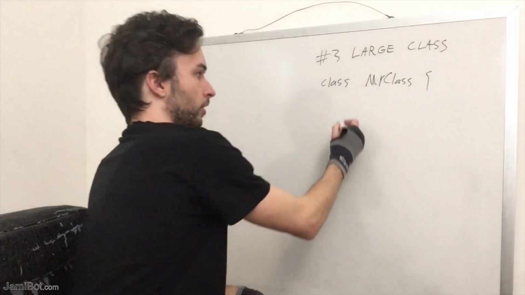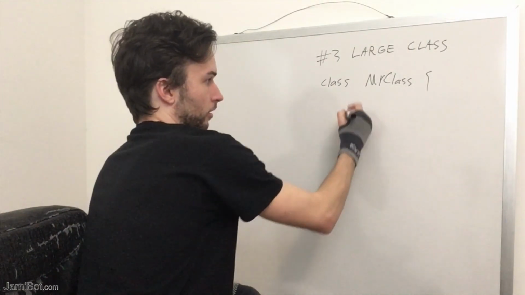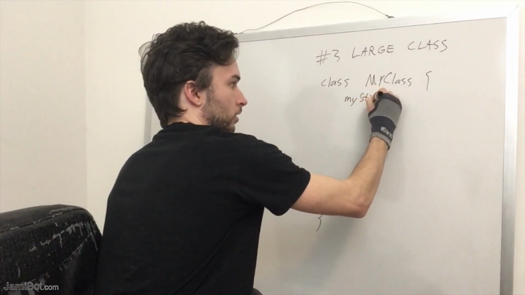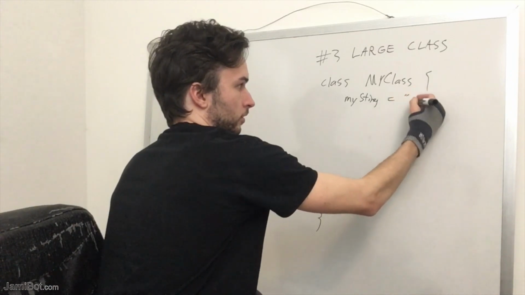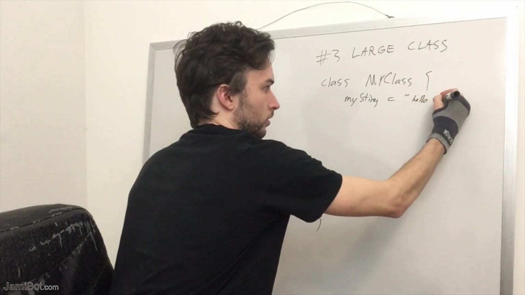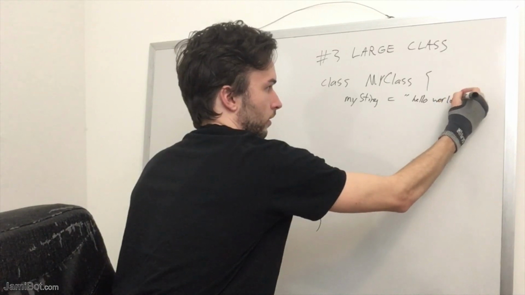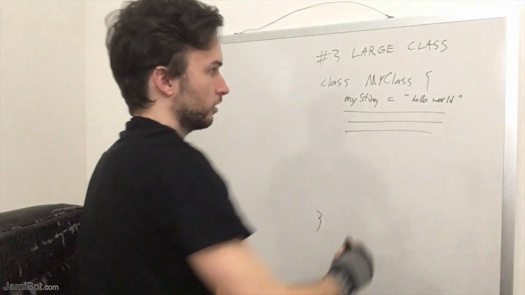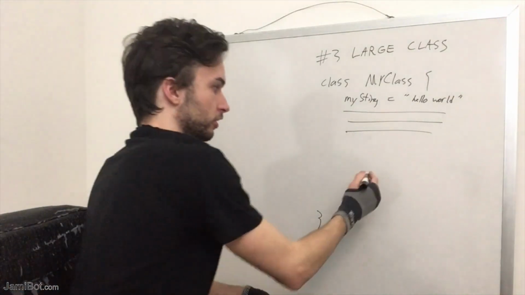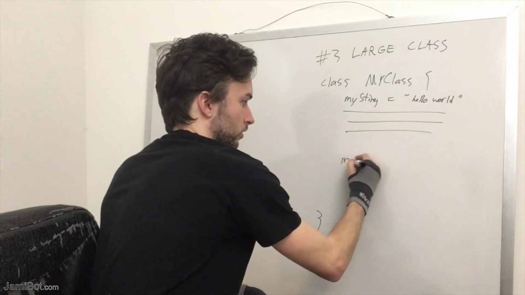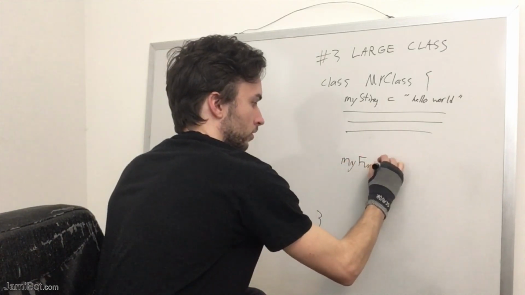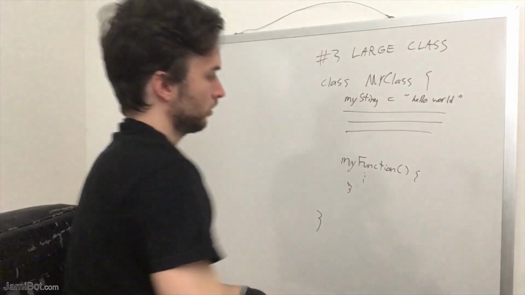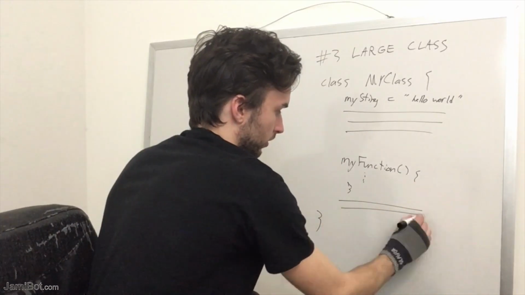And up at the top, you have your data members, like my string that equals hello world, and so forth, whatever other variables you have defined at the top here. And then you also have your functions down here, like my function. And you've got a bunch more of those functions down here, right?